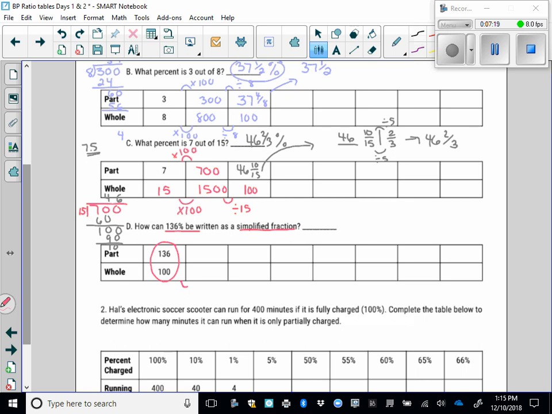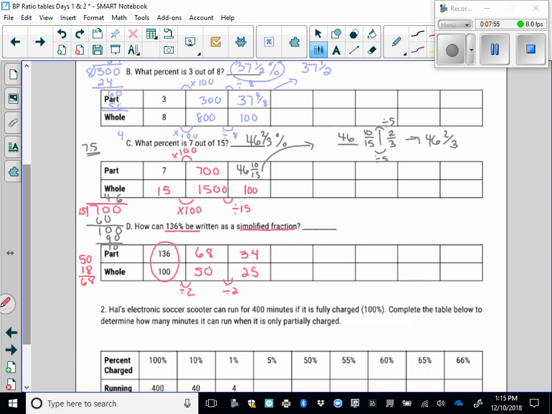So maybe some of you might divide by 2, that would be 50. And if I divide 136 by 2, 100 divided by 2 is 50, and 36 divided by 2 is 18. So if I add those together, I get 68. So I can divide by 2 again, and that's 25, and this would be 34.